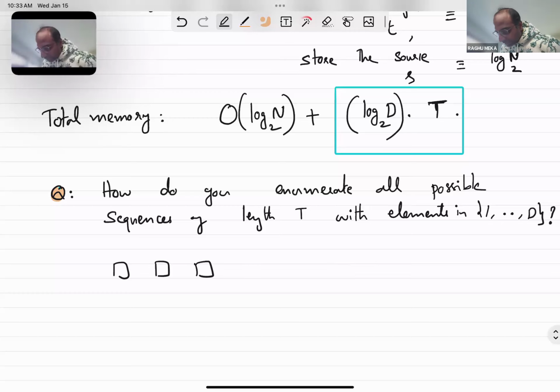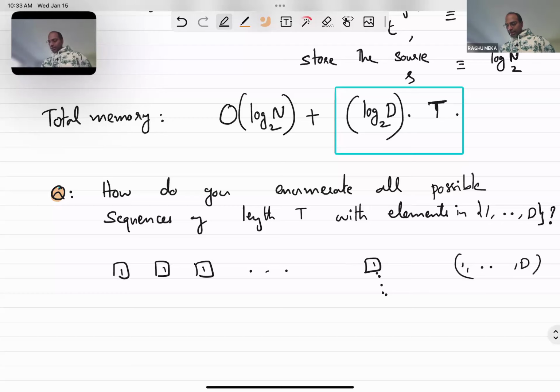I start with everything being 1, 1, 1. Okay, and then I change the last one through 1 through D. Right? And then I change the one before to be 2 and enumerate all possibilities, and so on.